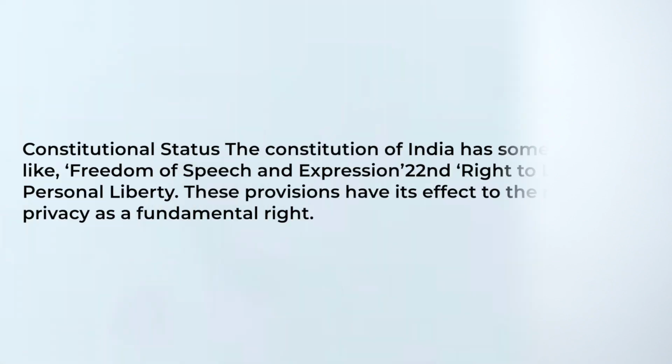The constitutional status of India with regard to data protection law has certain provisions like freedom of speech and expression, which is given in Article 19(1)(a) and Article 19(1)(b). Similarly, right to life and personal liberty. These provisions have their effect on the right to privacy as a fundamental right.